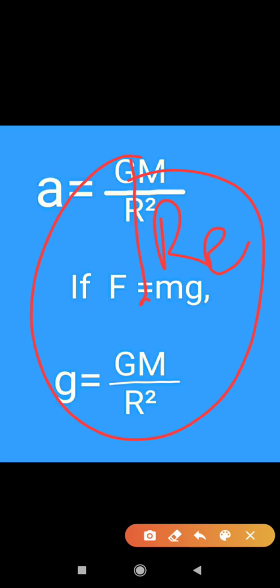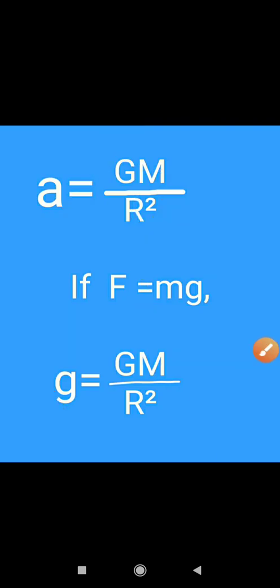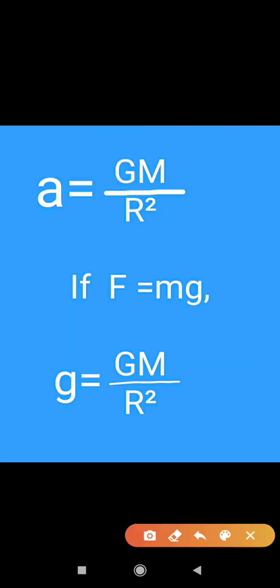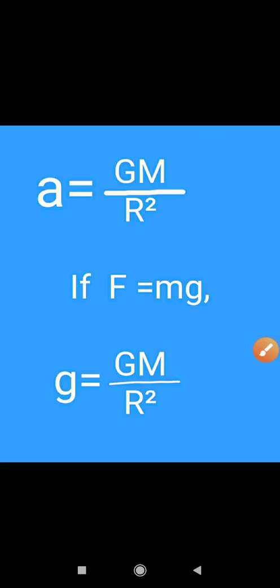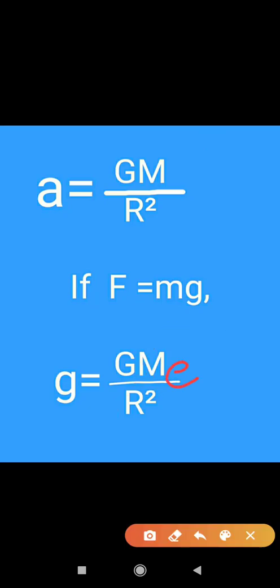Suppose the body is lying 2 kilometers away from there. This is so small compared to the earth's radius that this distance can be neglected, and r will be considered as the radius of the earth. If you like, you can write down Me and Re: mass of the earth, radius of the earth.